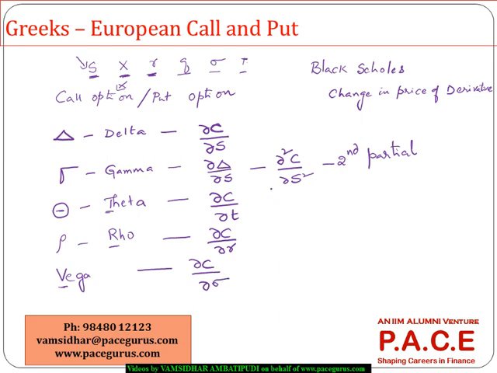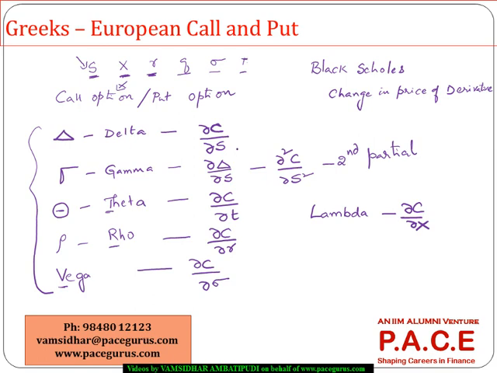Though there are a few more, probably there is lambda, which talks about the rate of change with respect to the strike price. But the most commonly used Greeks are typically these.